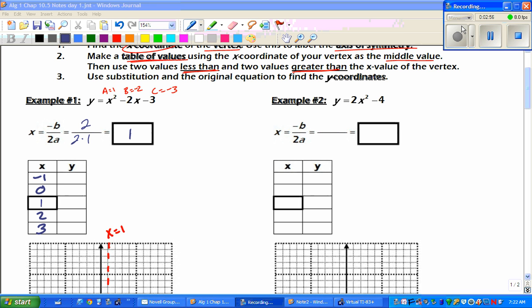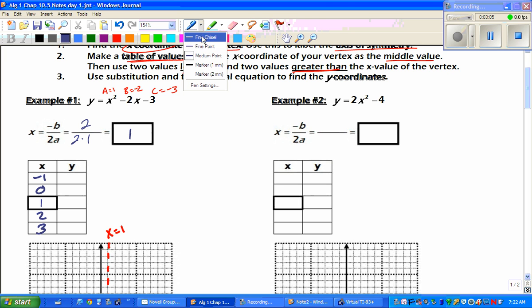Okay, so what we got to do now is we got to figure out what all of those points are. Now the best way to do that is to plug them into the original equation. So I'm going to write the original equation down. And what we're going to do is substitute the x values in and find out our answers.